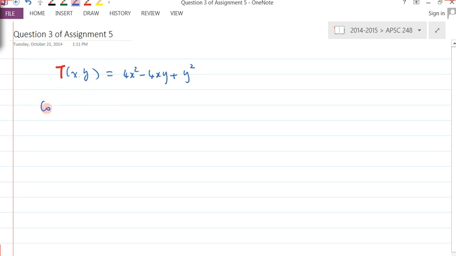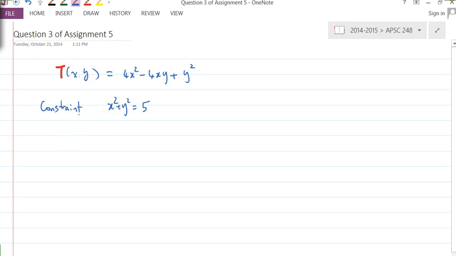So basically the constraint is x squared plus y squared equal to 5, and we want to find out the highest and lowest temperature that the ant encounters.